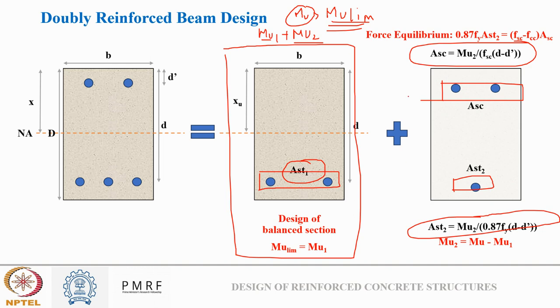Because in the first part we have considered that the concrete and steel both are failing. In the second part we don't have any concrete, so the compression force here is offered by steel, and to balance the compression force that the steel is offering, we need a tension force also, which will be offered by this reinforcement.